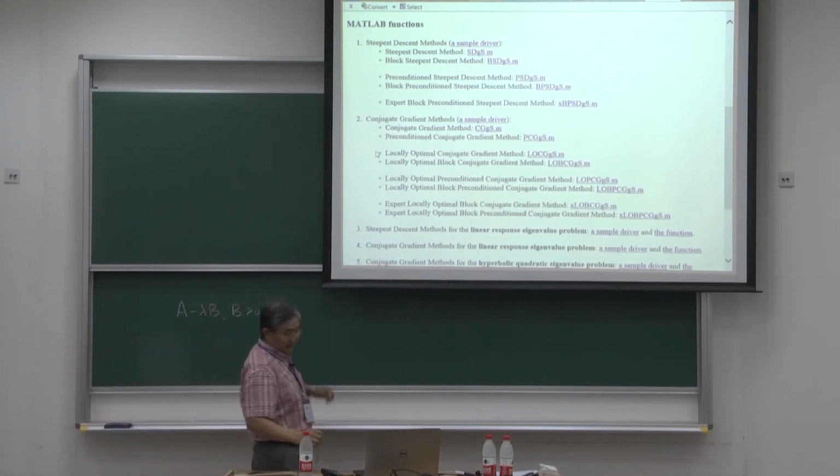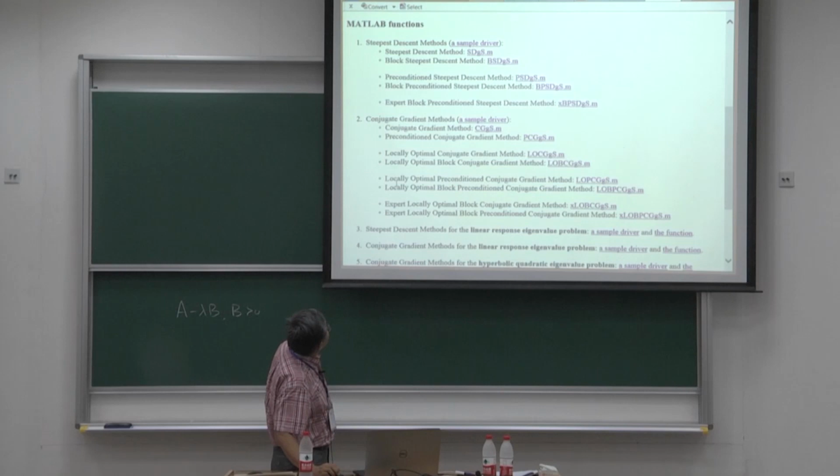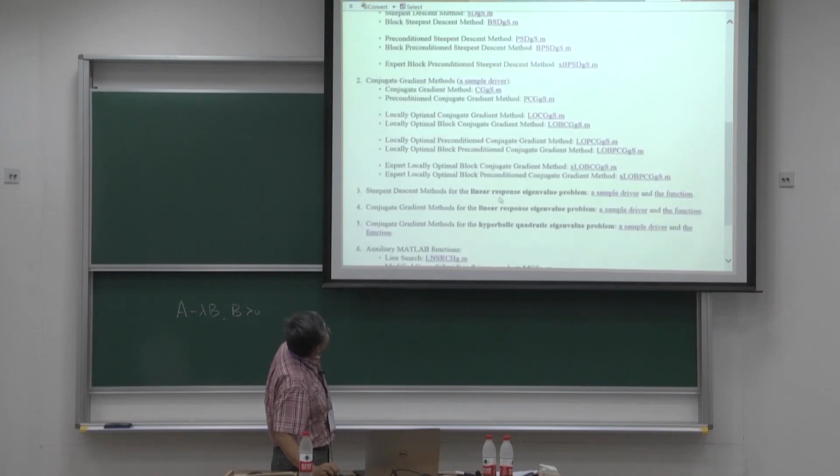And then number 3 is explicitly for the so-called linear response eigenvalue problem. And 3 and 4 are for one kind, with 3 for steepest descent and 4 for conjugate gradient. Number 5 has one example for the hyperbolic quadratic eigenvalue problem.